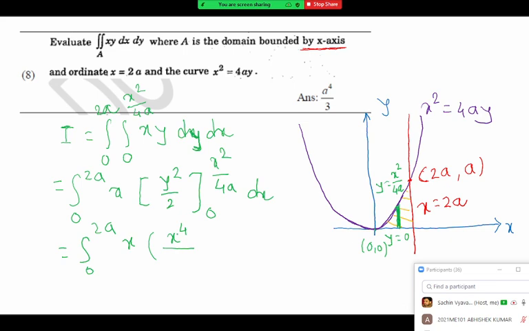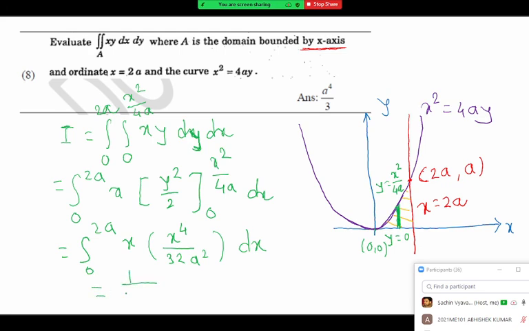We have to take 32a square as constant, right? For the second integration, when we evaluate the inner integral, the other variable is constant. So yes, obviously, 32a square is a constant, that is correct.